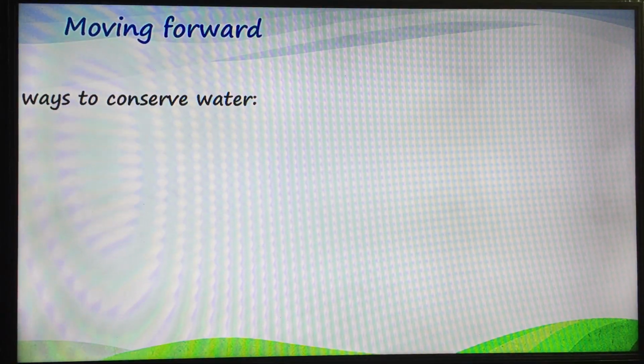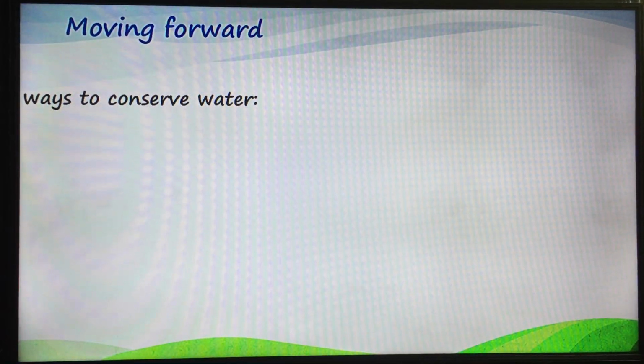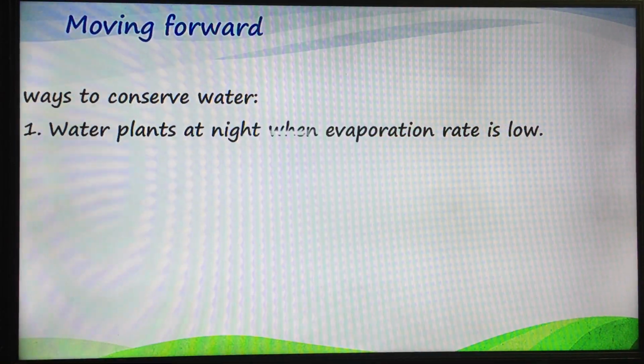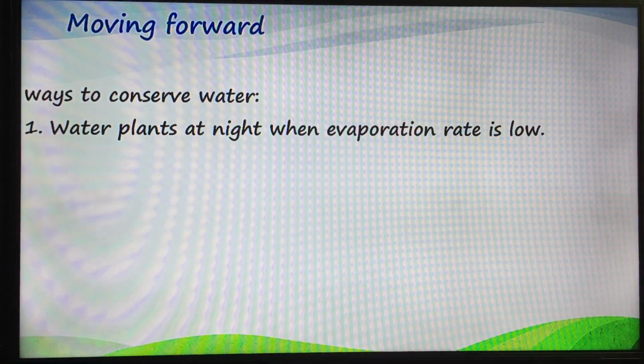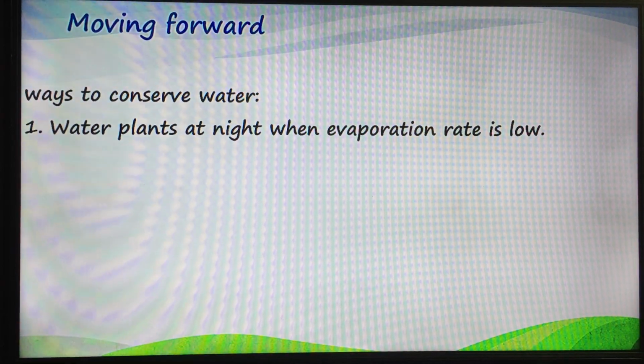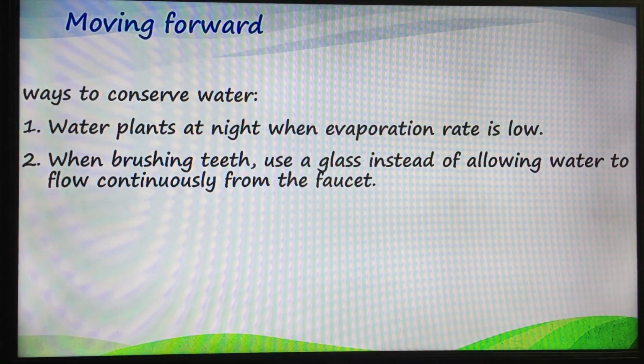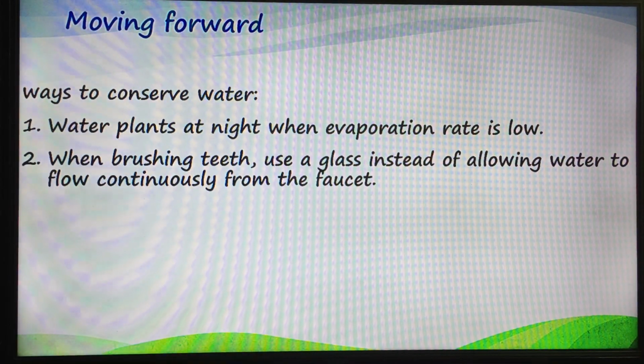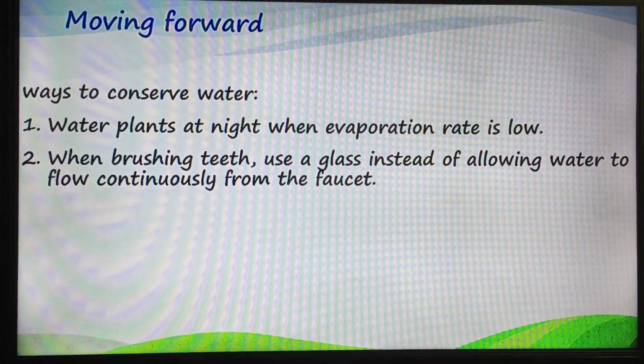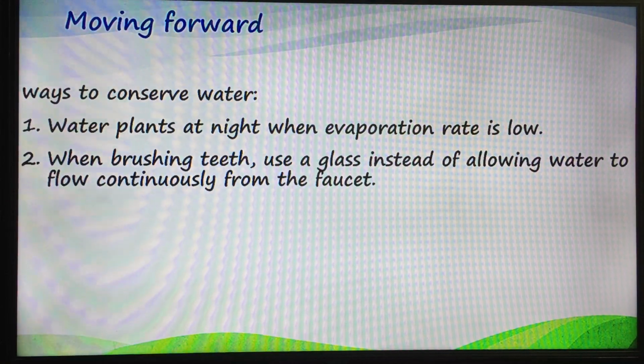Now, moving forward, there are ways to conserve water. 1. Water plants at night when the evaporation rate is low. Next, when brushing teeth, use a glass instead of allowing water to flow continuously from the faucet.